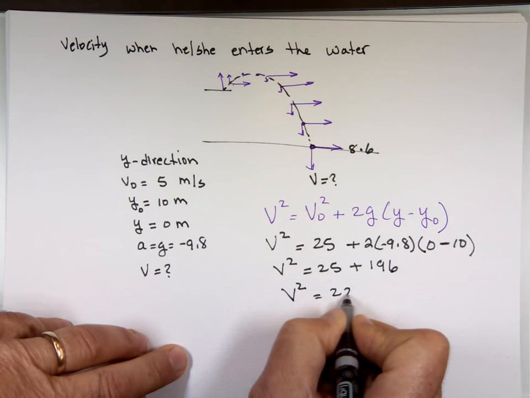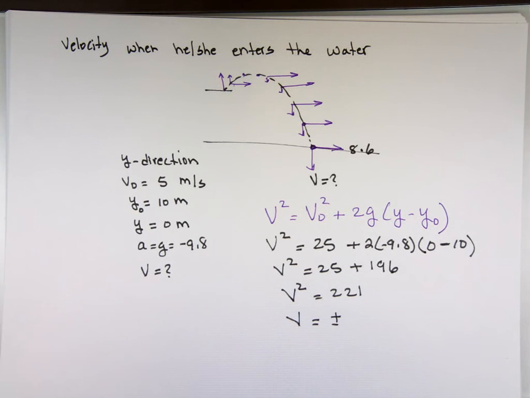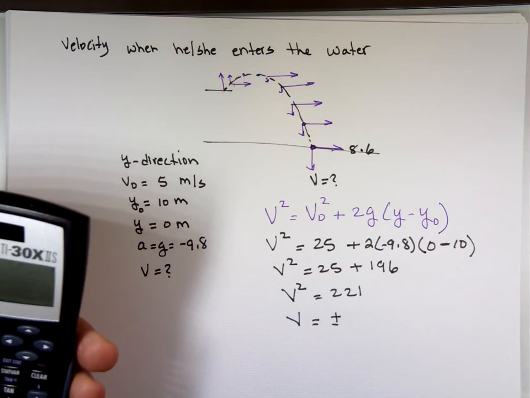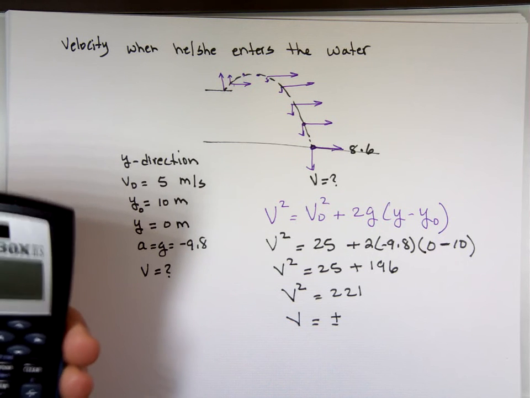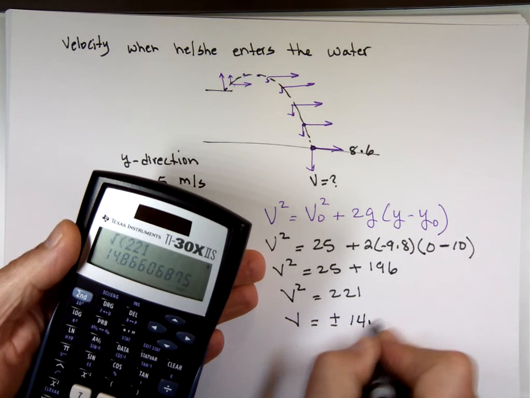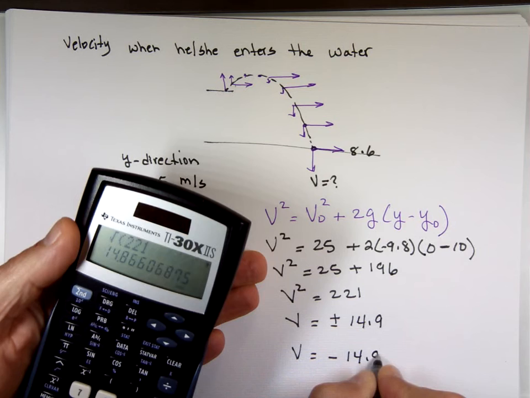It's going to be plus or minus, but because we're traveling down, it has to be negative. So the velocity is really negative 14.9 in the y direction.